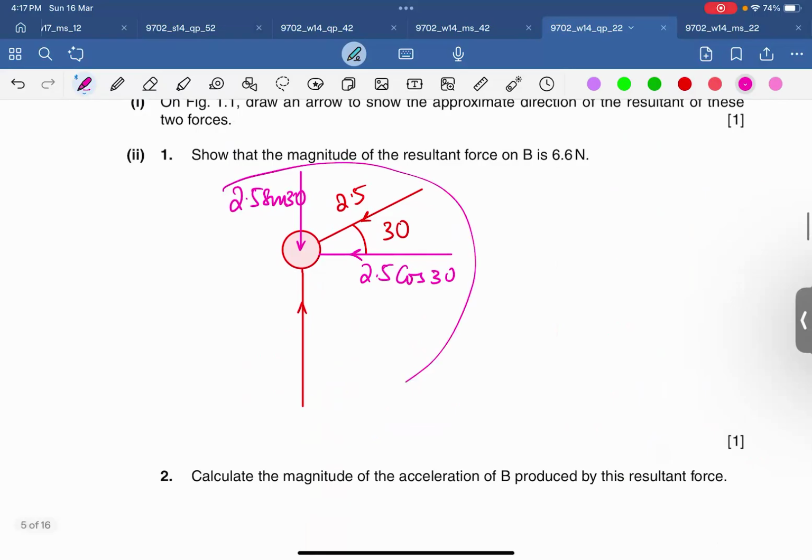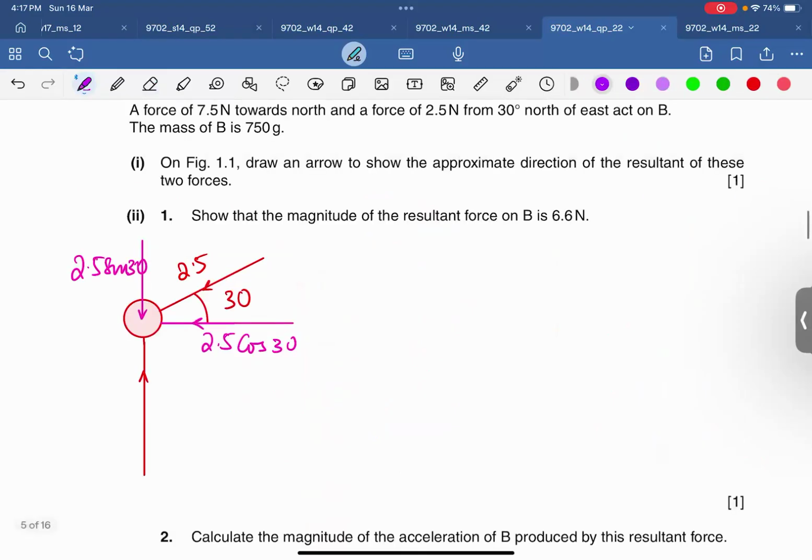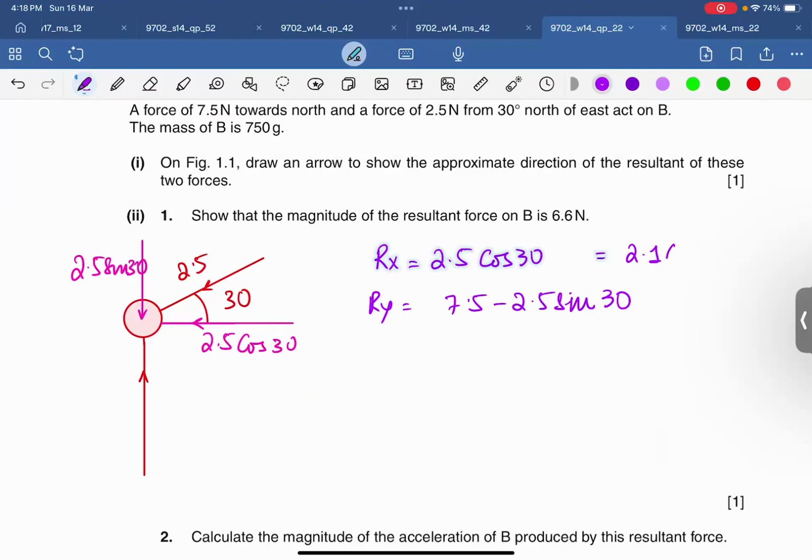So Rx is just 2.5 cos 30, and Ry will be 7.5, which is the upward force, minus 2.5 sine 30, right? So just calculate the value. 2.5 cos 30 gives me 2.165.